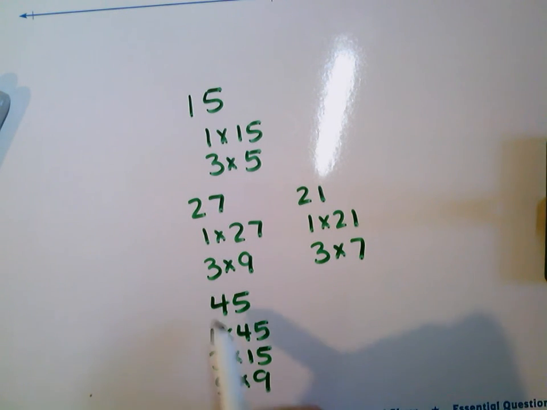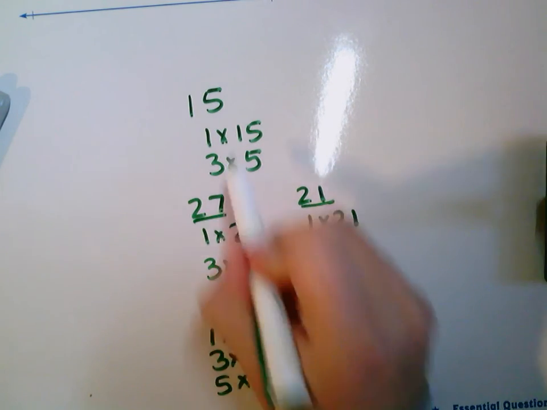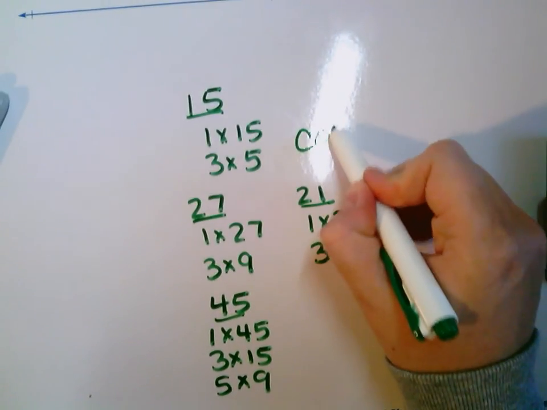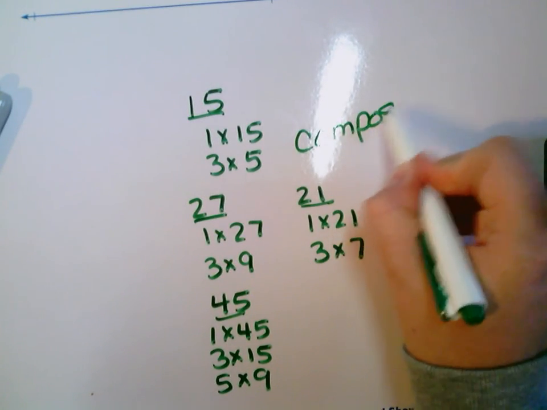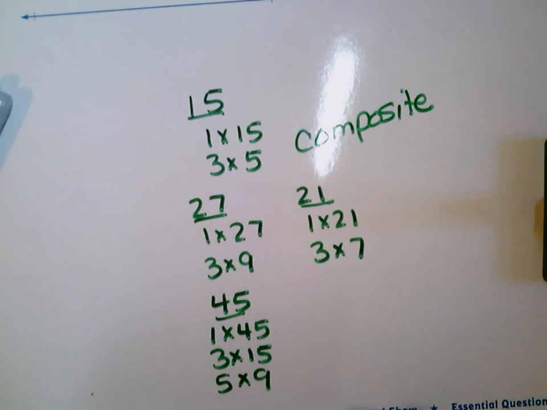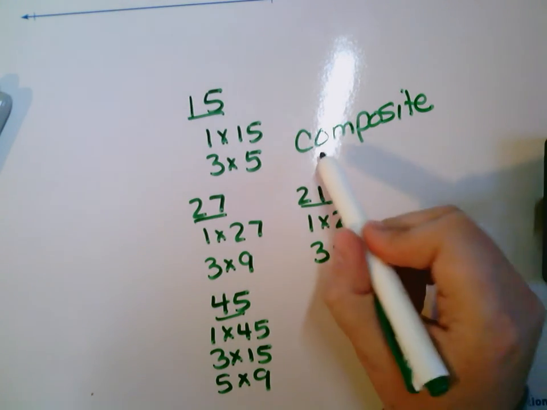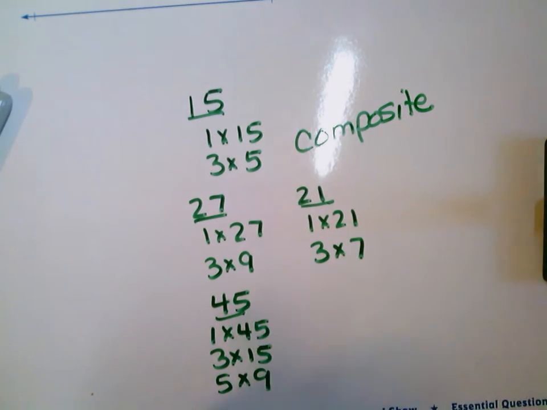So all of these are odd numbers, but they are all composite. So odd does not mean prime. All of these are composite odd numbers. So odd numbers can be both prime and composite.